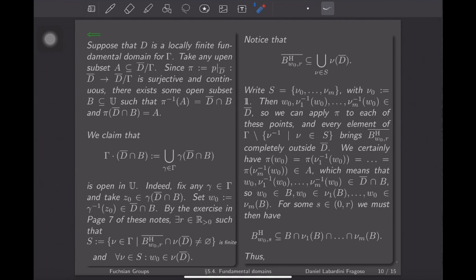I mean, this is really because in S I'm already taking into account all etas that make this one overlap the image of D bar. So if I take a point, I know that it's in the image of D bar under something, but that something then makes this overlap, so it's already considered. So I have this.